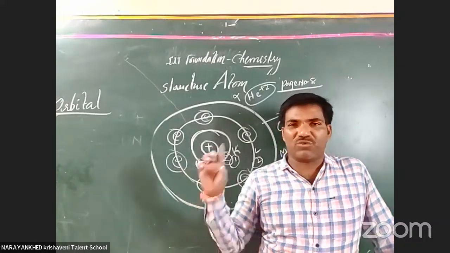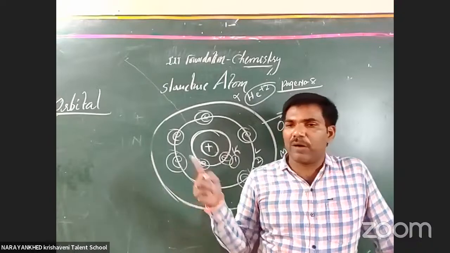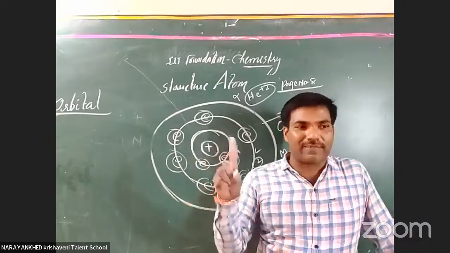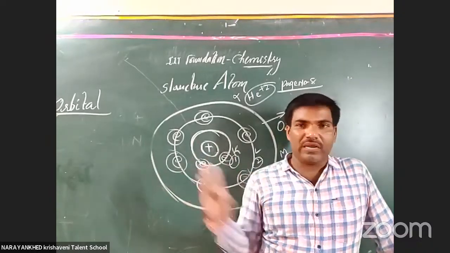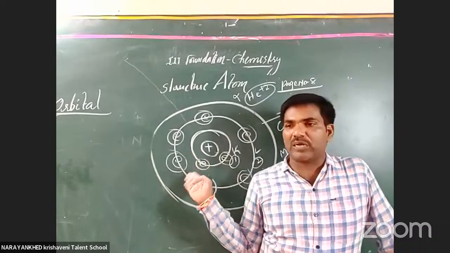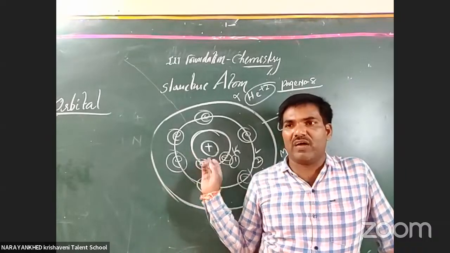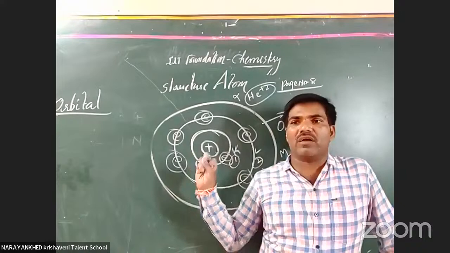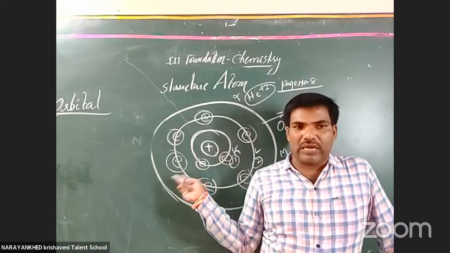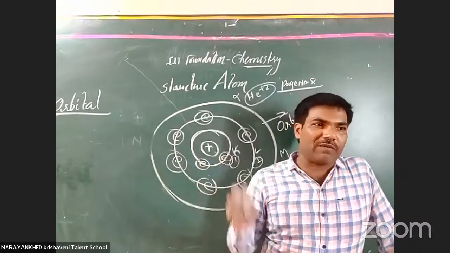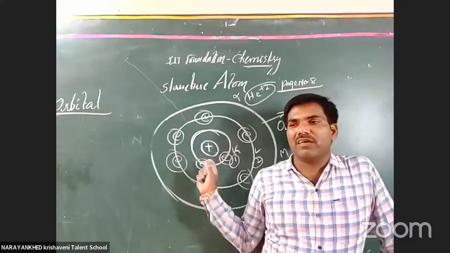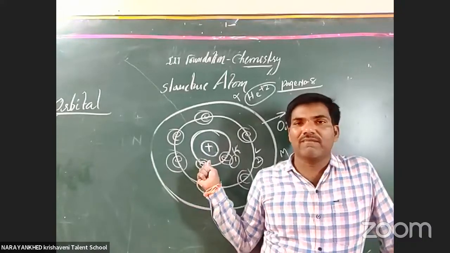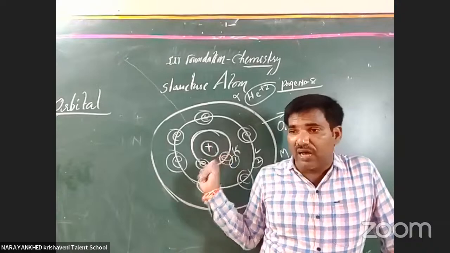Understood all of you? The first one is the path. In the path, it will be revolving. The path is called orbit. The path for the charged particle contained inside our atom is called orbit. In that path, the finding probability is called orbital.